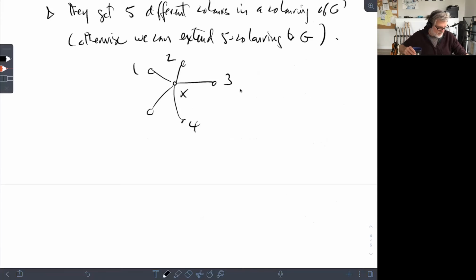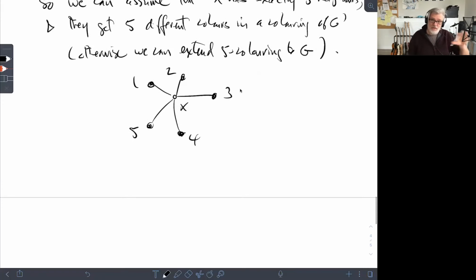It doesn't matter what I call these colors, but this is the situation. I have a 5 coloring of the whole graph except X, and I'm stuck at X because the neighbors got 5 different colors.